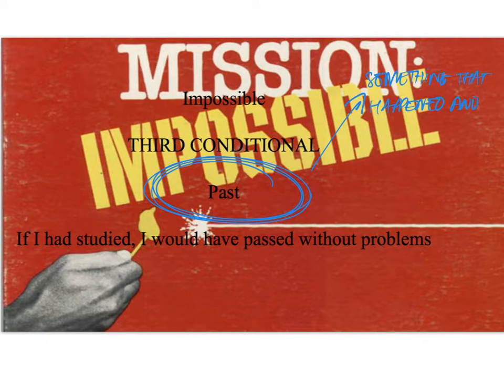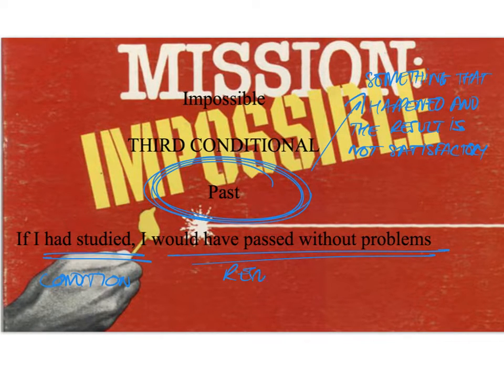And the result is not satisfactory. So if I could change it now, I would do it differently, which is what happened here. If I had studied, that's the condition, I would have passed without problems.